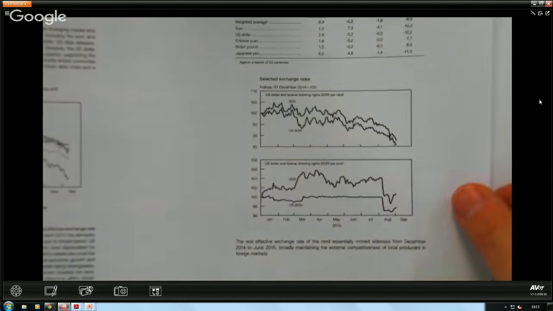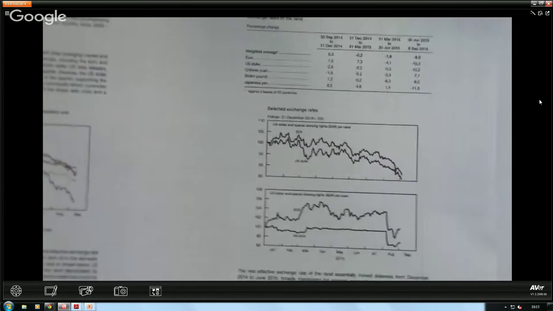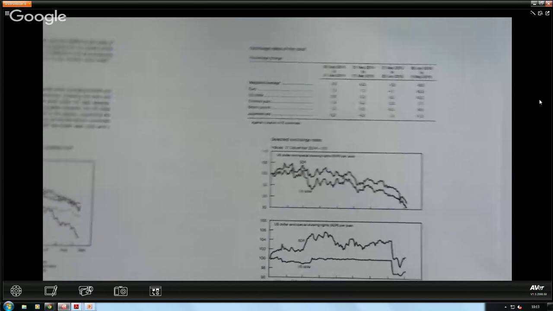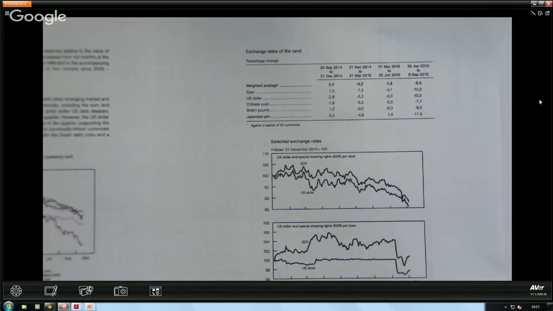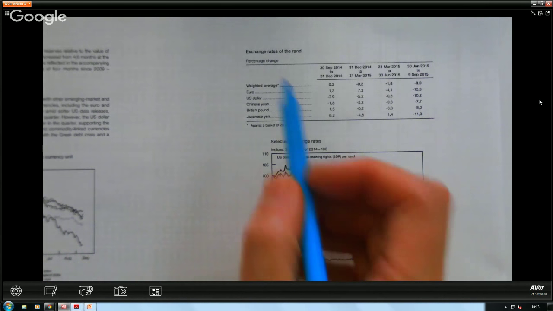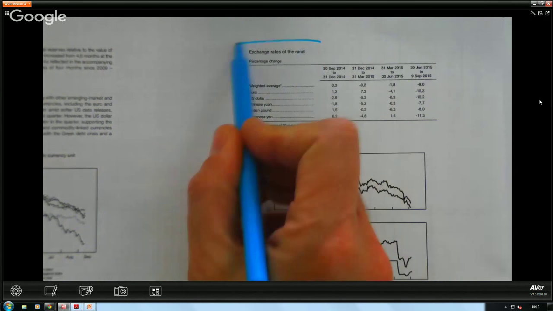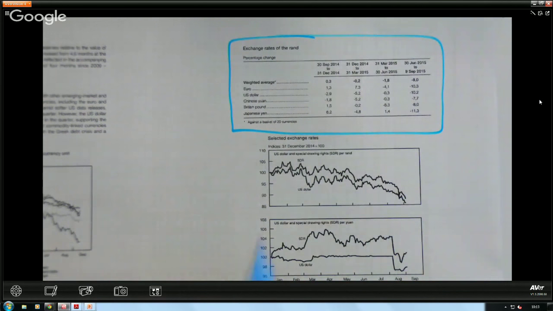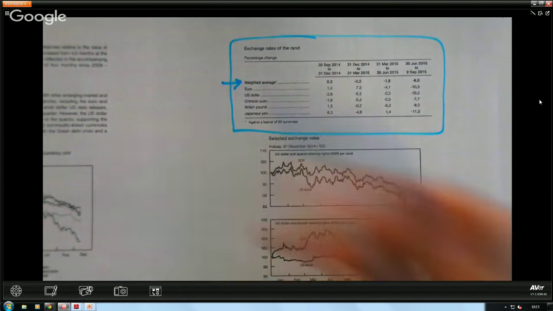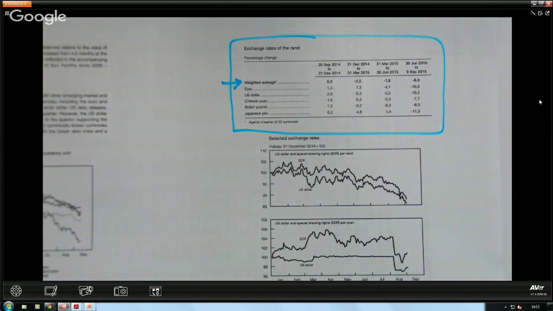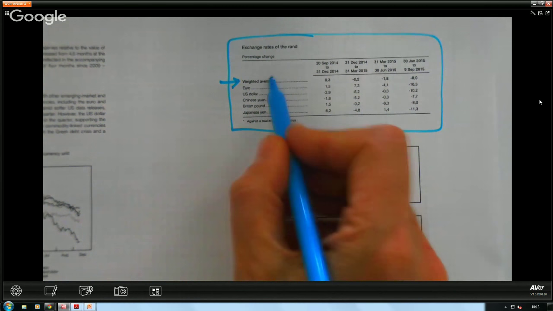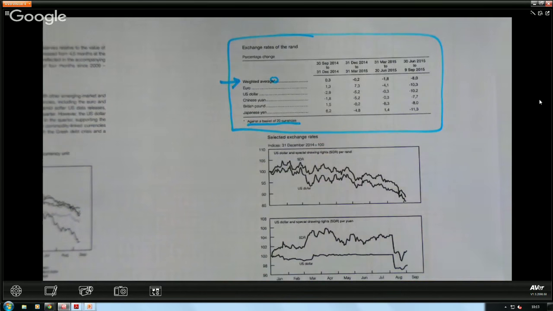If you look on the other side of your handout, this is from the Economic Review this year. It says exchange rates of the rand, and there it talks about a weighted average, and it says there with a little footnote, against a basket of 20 currencies.